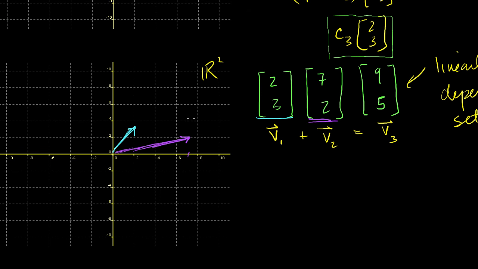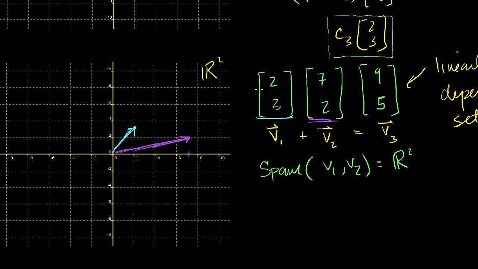We could even do a graphical representation, but I've done that in the previous video. So I could write that the span of v1 and v2 is equal to R2. That means that every position here can be represented by some linear combination of these 2 guys.